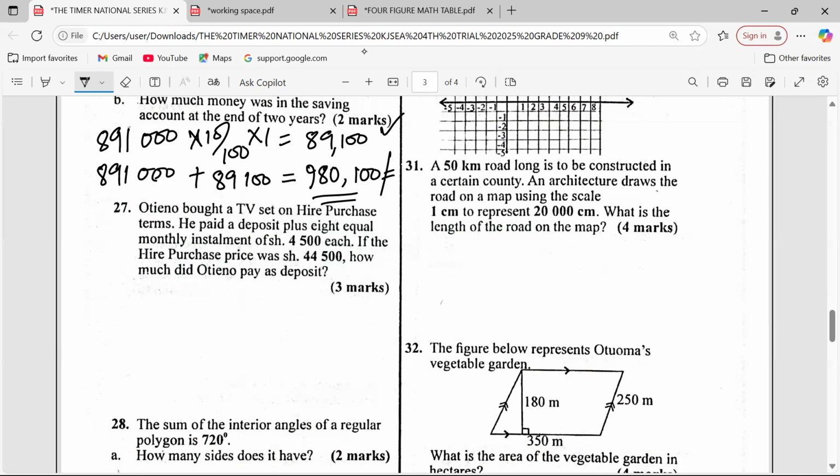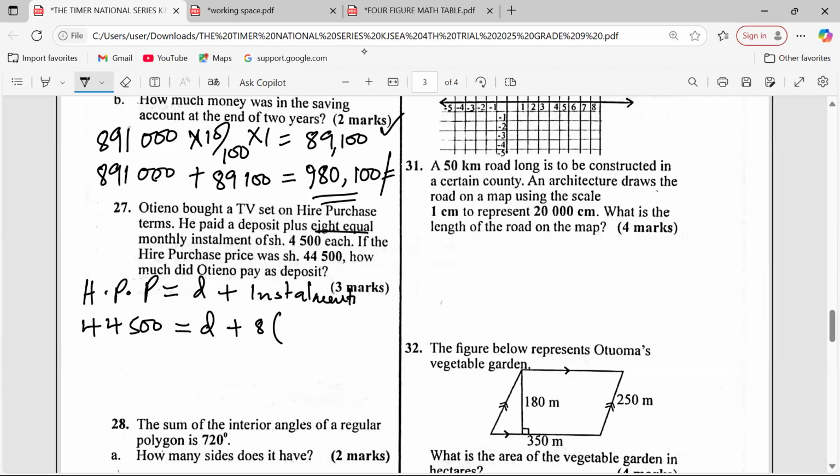So we shall say that hire purchase price is usually equal to deposit plus installments. So the hire purchase price of 44,500 is the same as the deposit plus 8 installments, each 4,500.